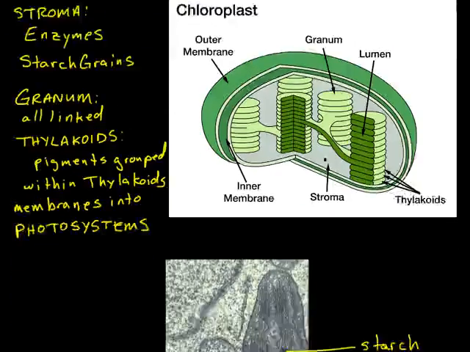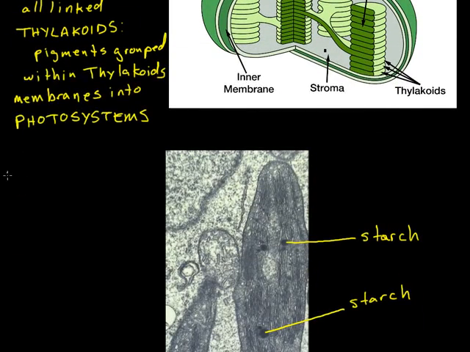A photosystem is simply a group of pigments.